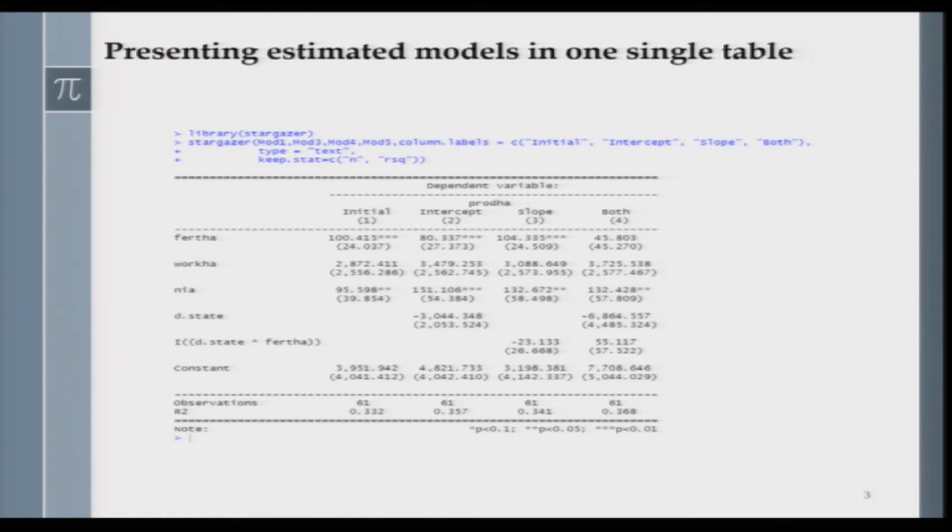Here for the 4 columns you are seeing the regression results for the dependent variable prod ha. For the initial model you have coefficients for fert ha, work ha and NIA only, because that is the base model which we talked about in the last lecture.